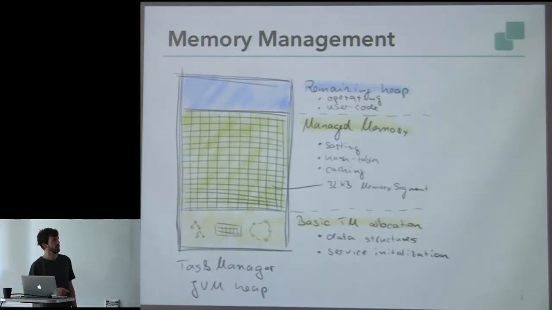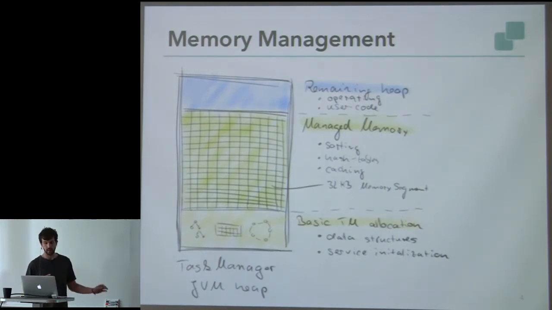And that's actually where we perform all the specialized operations in Flink, if we can, like sorting, or special implementation for hashing that works on these managed memory pages. And also the serialization always goes through this memory. And then we have the remaining heap, which is used for your own functions, so where you can allocate objects.